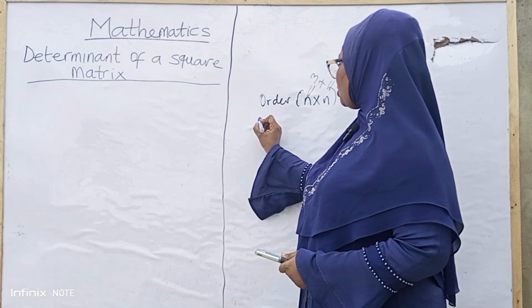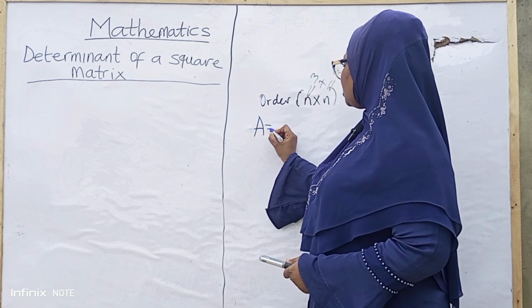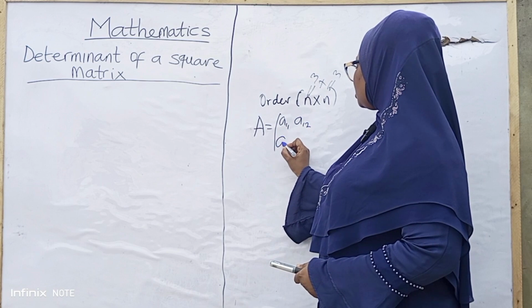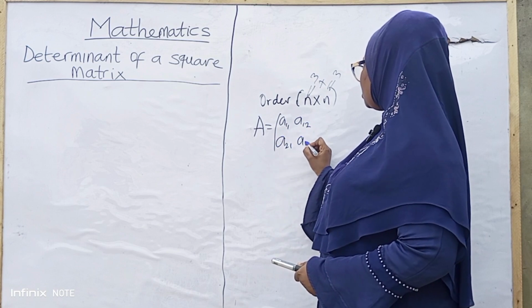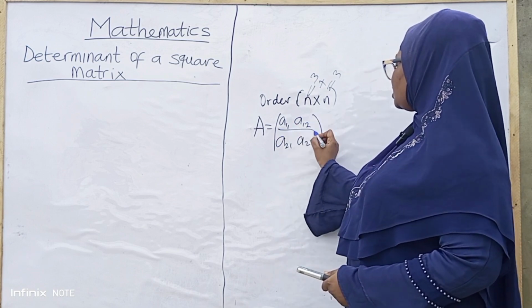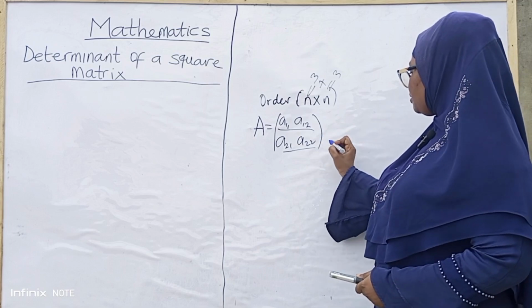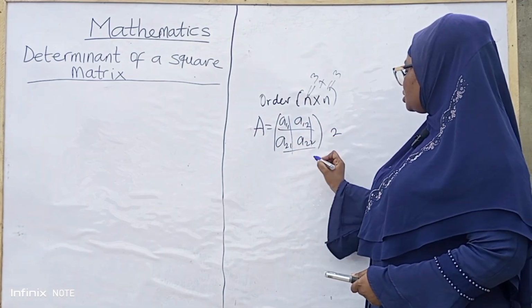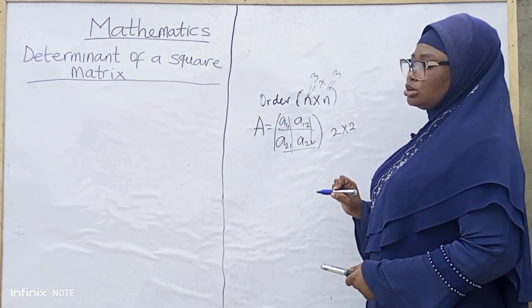So for example, if I have matrix A equal to A11, A12, A21, A22, you can see here that the number of rows is 2 and the number of columns is 2. So this is 2 by 2.